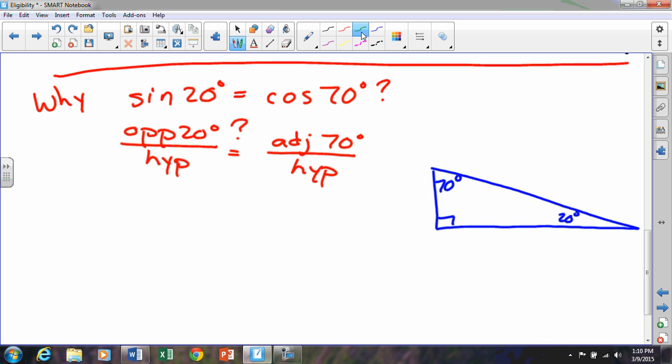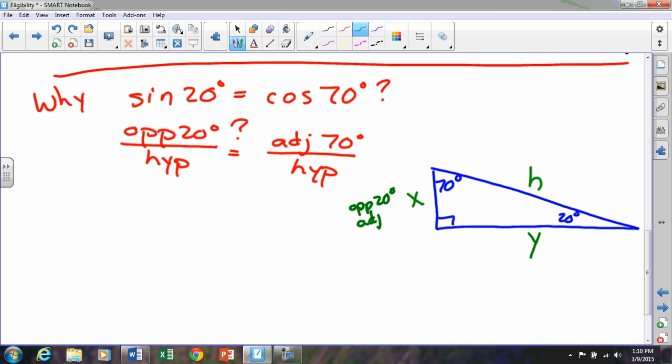Perhaps the best one that I saw a student turn in was this observation. Since we're looking at sine of 20, I saw people say x, y, and h, just giving them names. But then they also wrote in, this is opposite of 20 degrees.